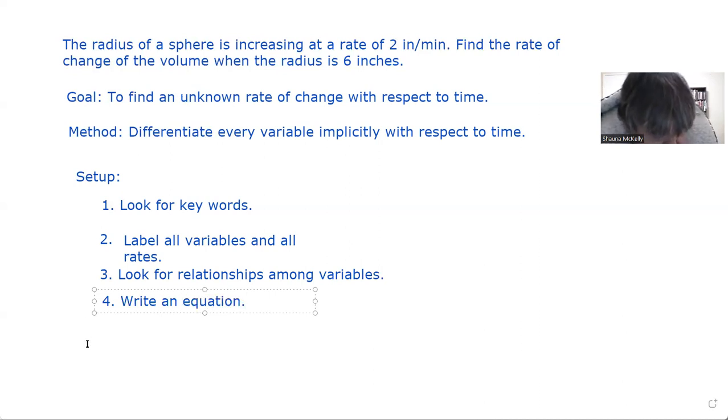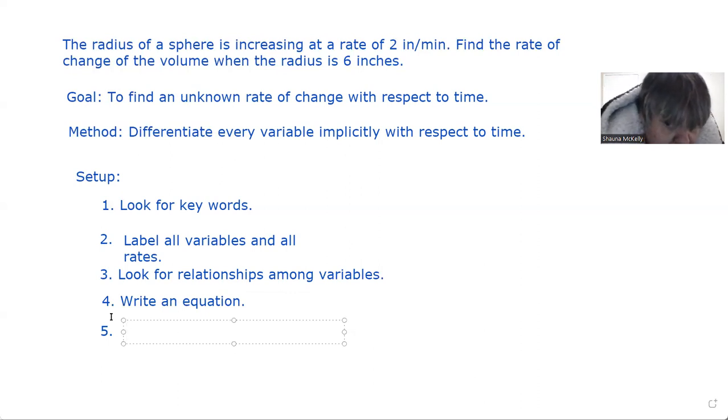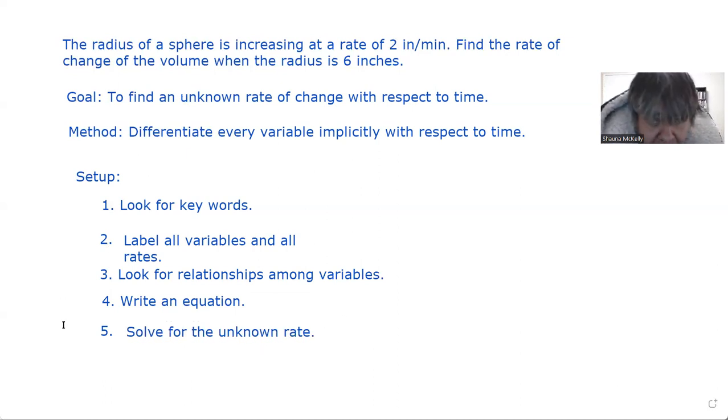And then we're going to employ our method for solving the problem, and solve for the unknown rate, okay? So that's my setup. So I have a goal, I have a method, I have a setup. Now, when you solve, I'm going to come over here, okay?